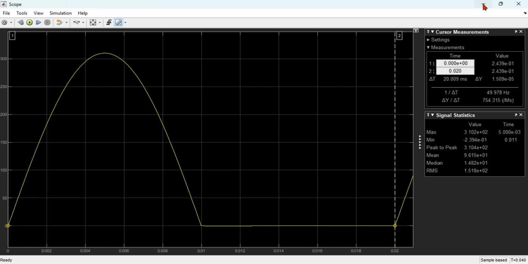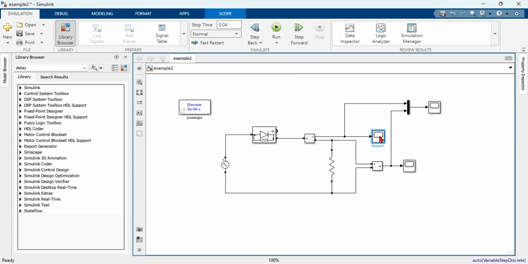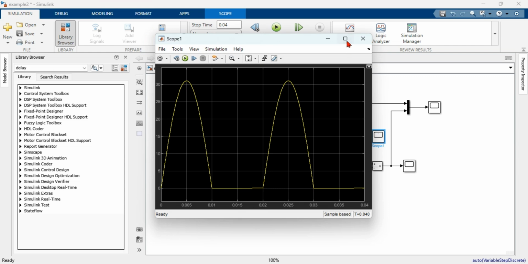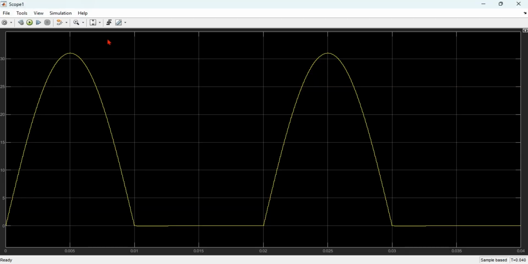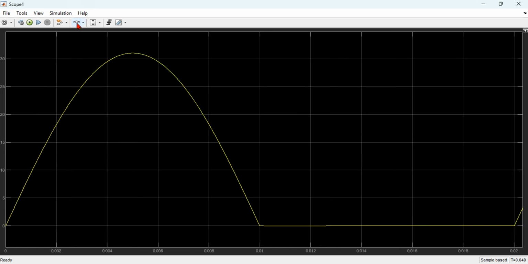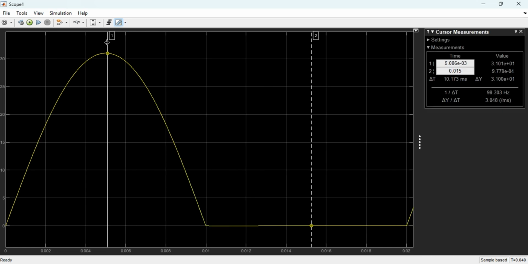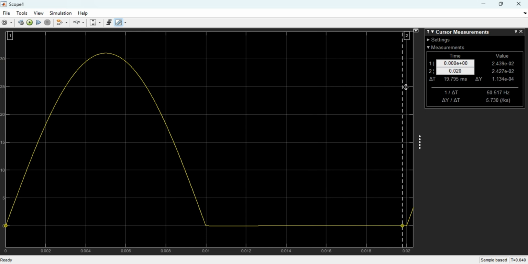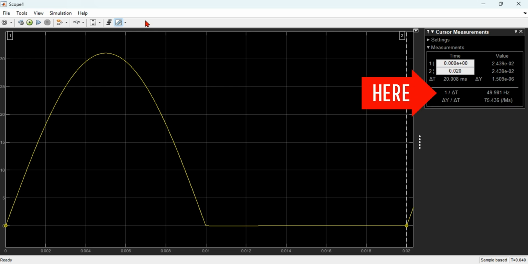Now let us repeat the same measurements for the current waveform. The frequency again is close to 50 Hz.